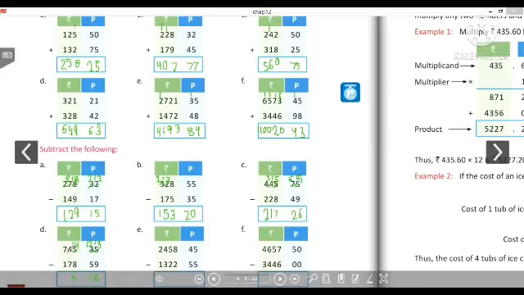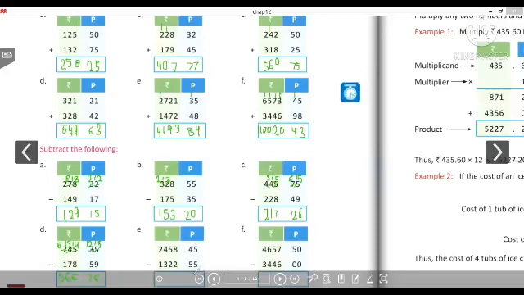Again, this is 13 and this is 6. 13 minus 7 is equal to 6. And 6 minus 1 is equal to 5. So 566 rupees and 76 paise.